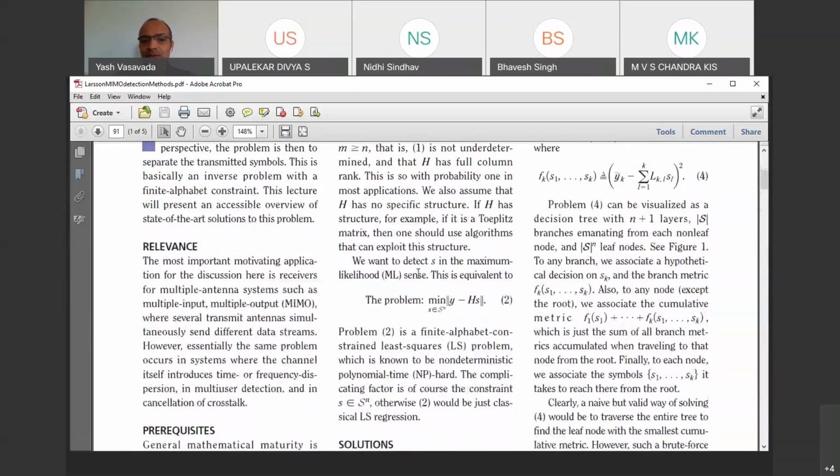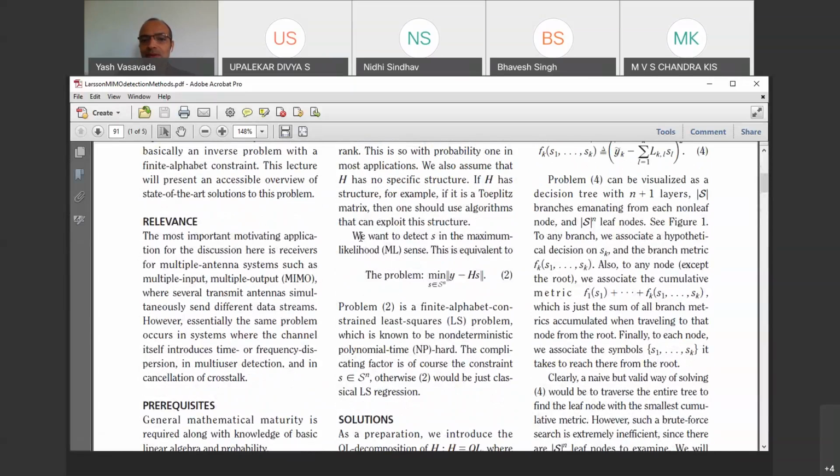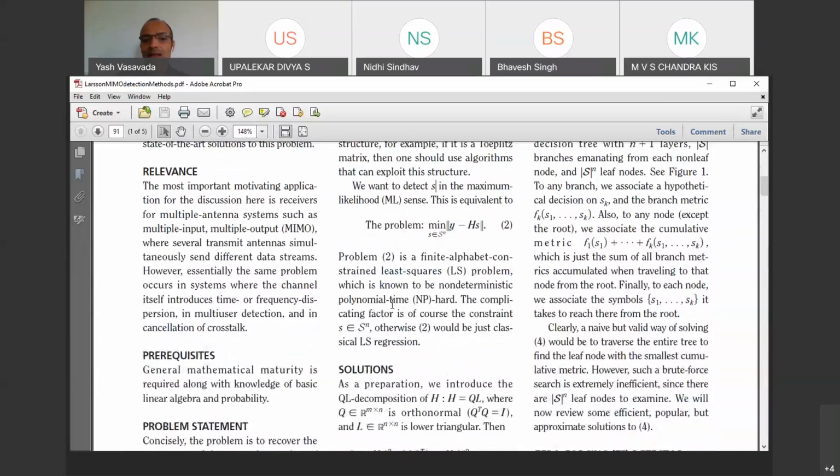Okay, so this is the statement of the problem, the maximum likelihood problem, that we want to detect s so that the Euclidean distance, the norm of y minus Hs, is minimized. And so the solution is a finite alphabet constrained least squares problem.